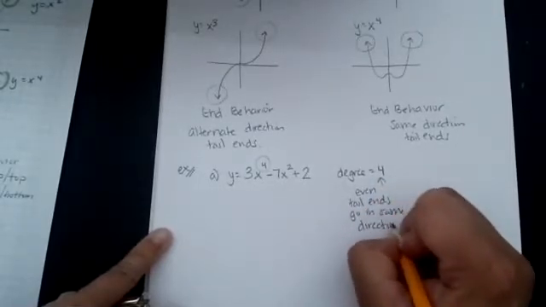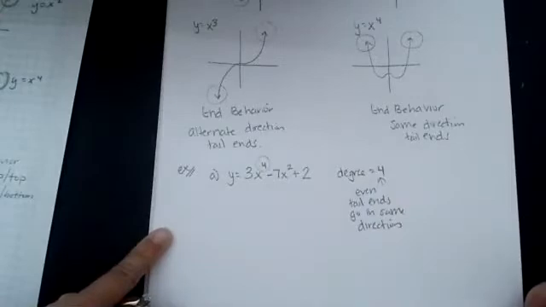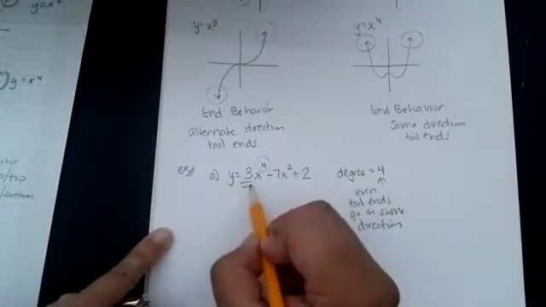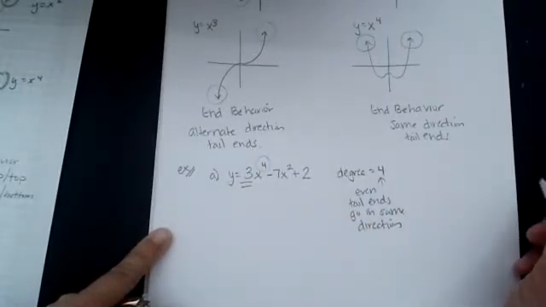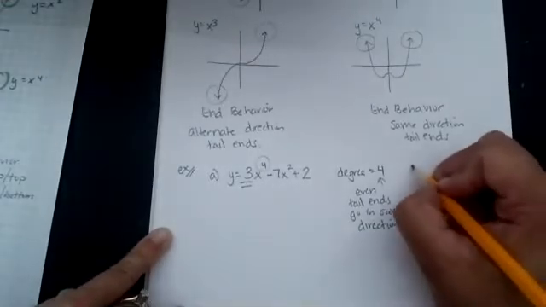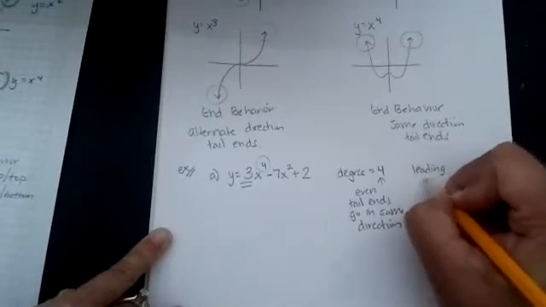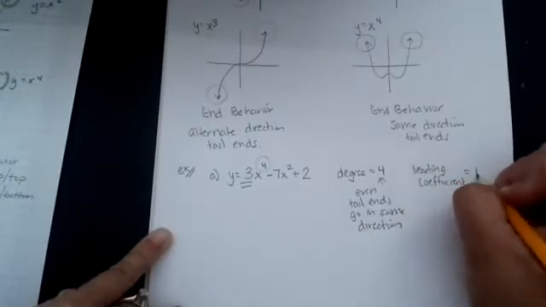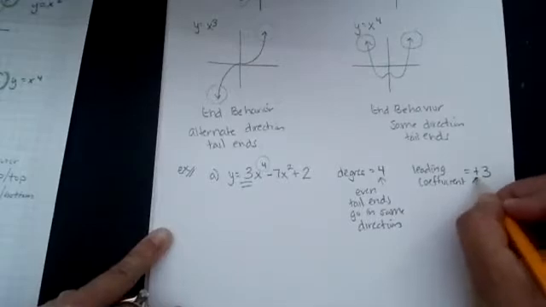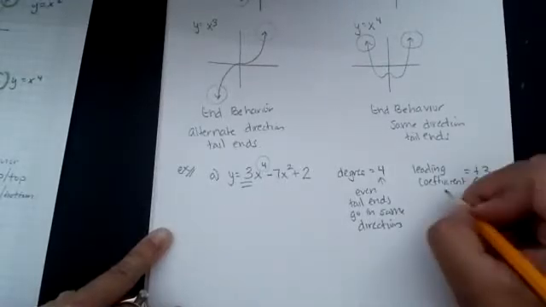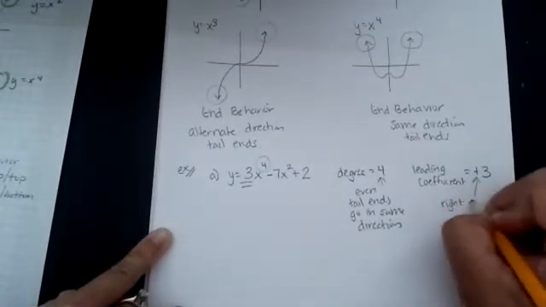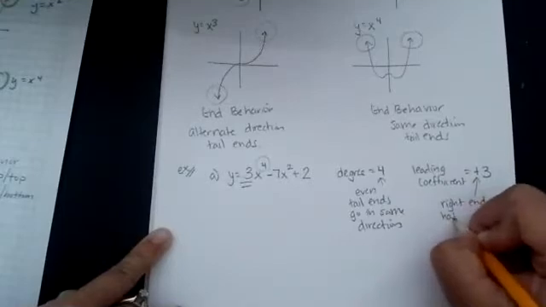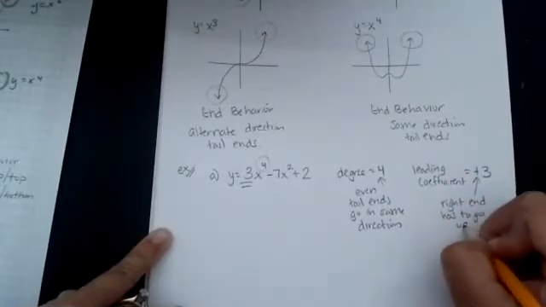So either they're both going up or both going down. Now, you have to pay attention to the leading coefficient. If it's positive, that means that the tail end has to go up at the very end. So right here, the leading coefficient equals a positive 3. So because it's positive, the right end has to go up on the tail.